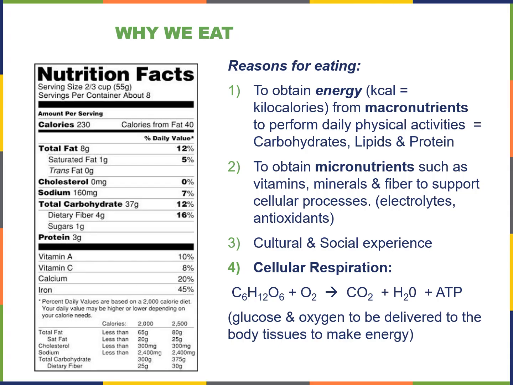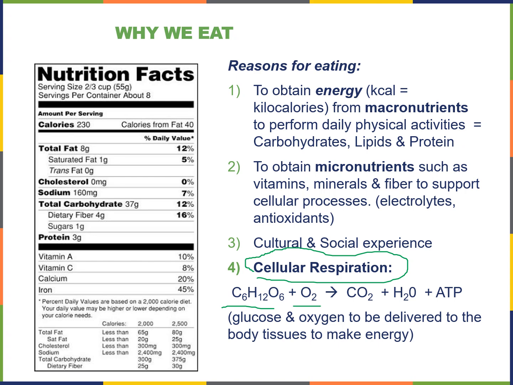And this last point here, let me just grab a pointer. Cellular respiration is really key because of the two reactants, glucose and oxygen. We already discussed how the body receives oxygen when we did the respiratory system.